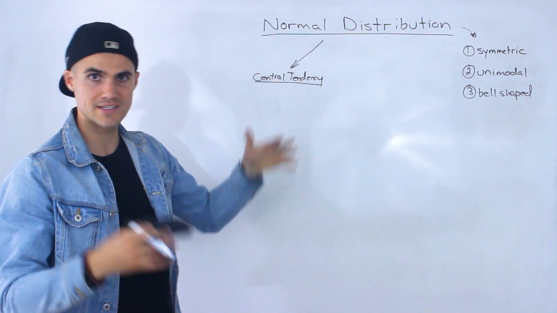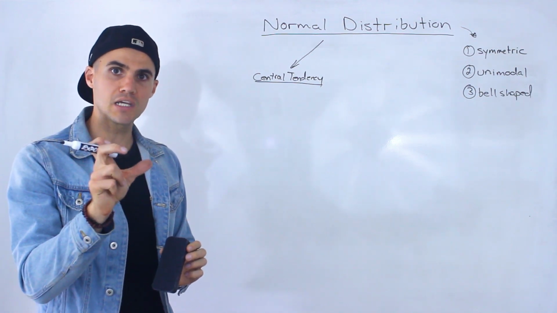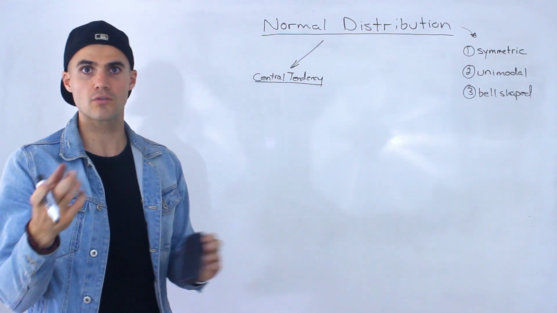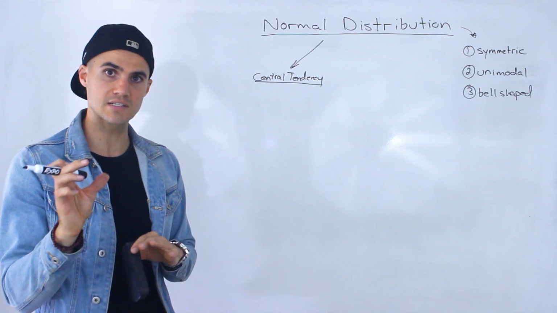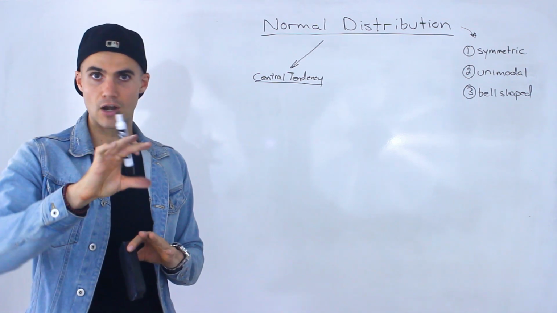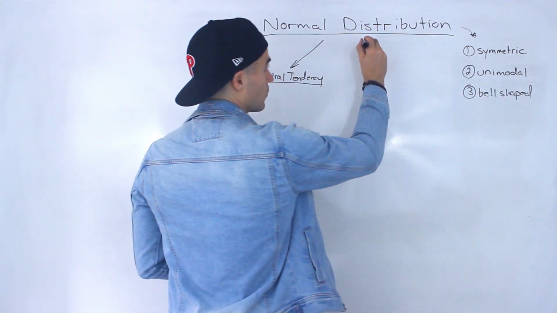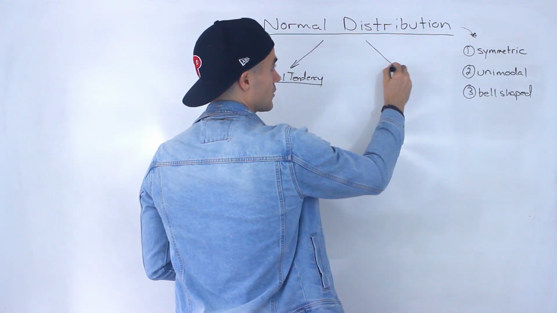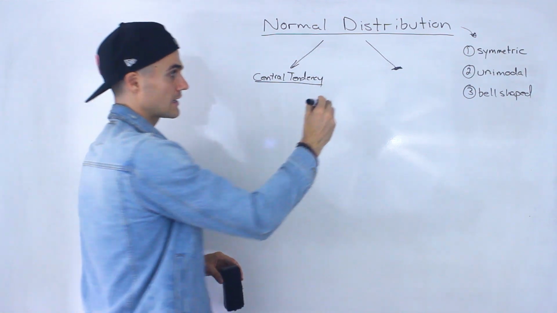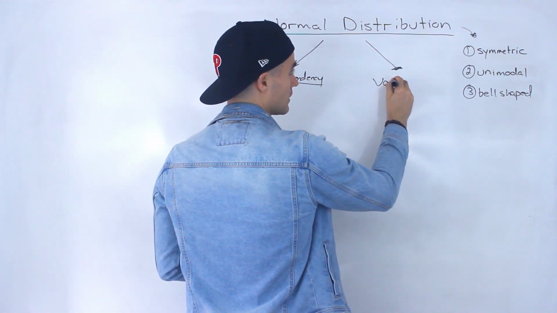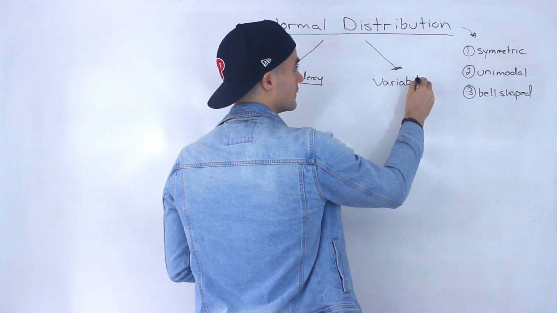For example, when it's symmetric, it means that the mean, mode, and median are the same, or if it's unimodal, it means that there's just a single mode, and all of those are measures of central tendency. But there's another part of describing data, and that's describing a data's variability.